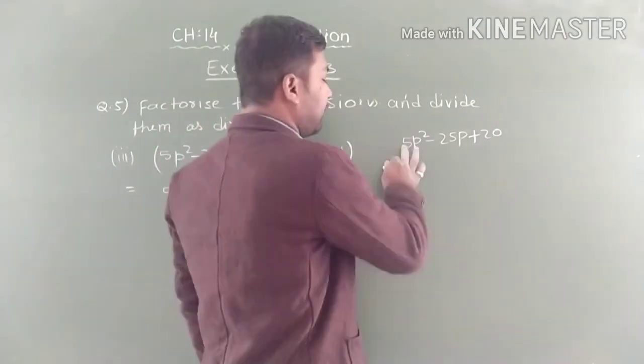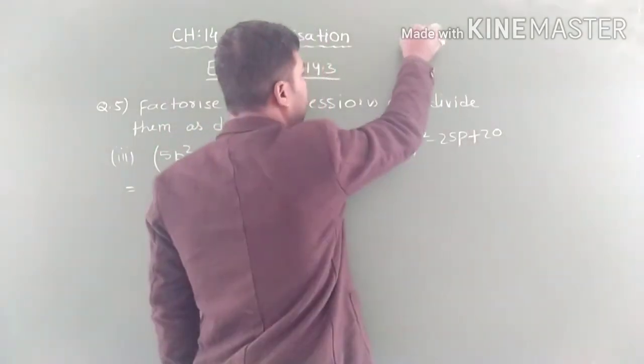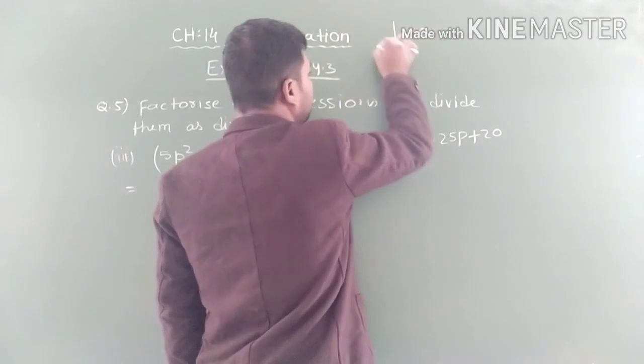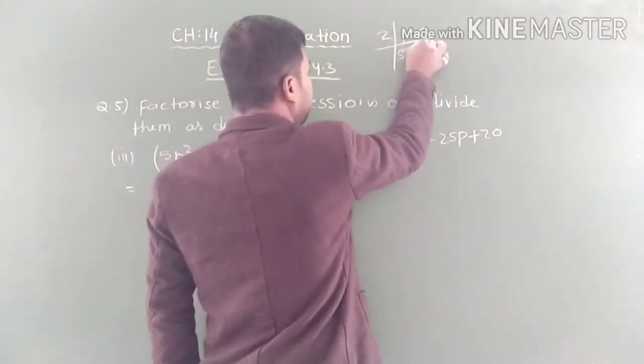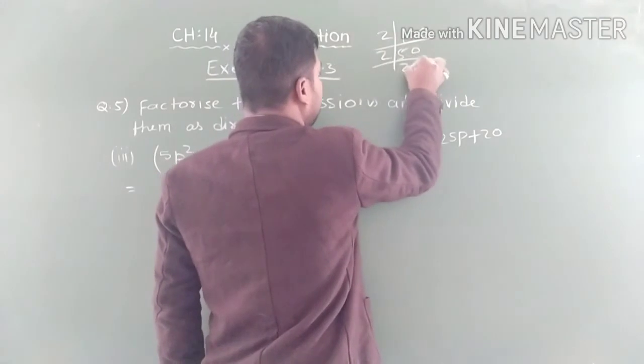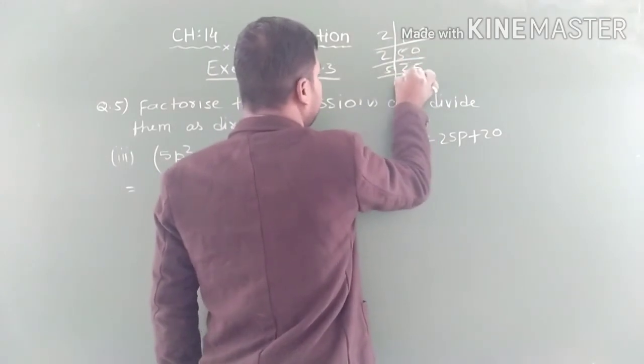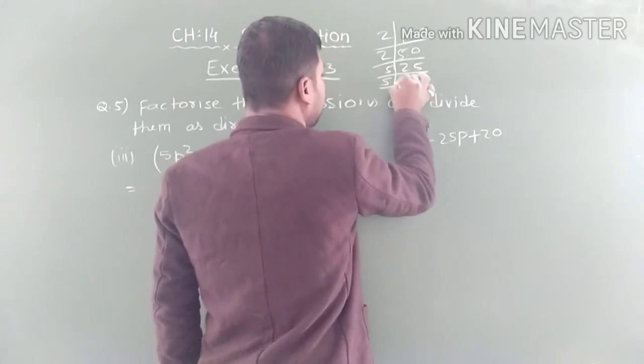Now 5 into 20, that is 100. So we have to find the factor of 100. So it will be 50. Now this will be 25. This will be 5. And this will be 1.